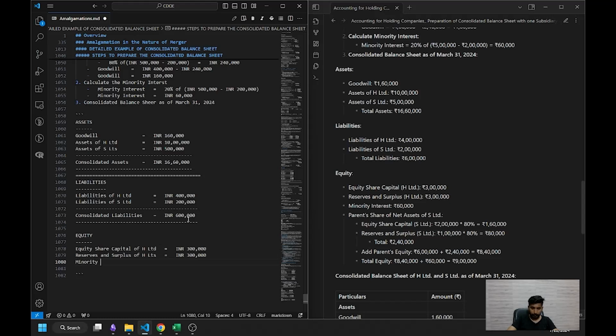Minority interest holds 60,000. Then the parent's share of net assets of S Limited was as follows.